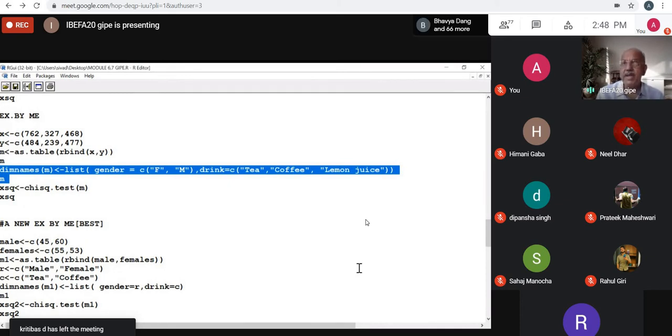So dimension names means the names of 2 rows and the names of 3 columns. Clear? Sir, is the dimension name a variable or the syntax? No. It is a function. This is a direct function because, see, it is not a variable. I have given M in parenthesis. Follow?